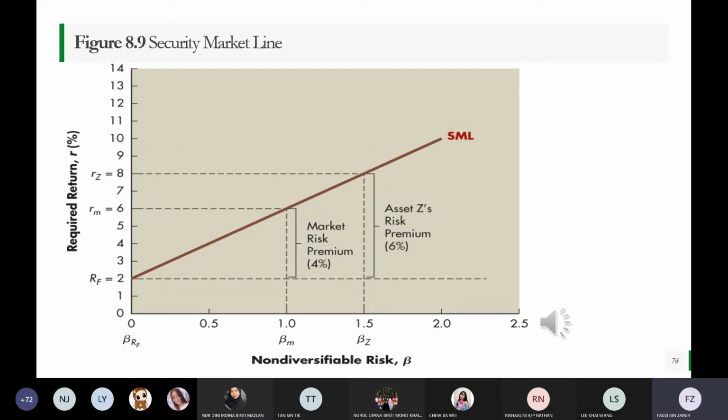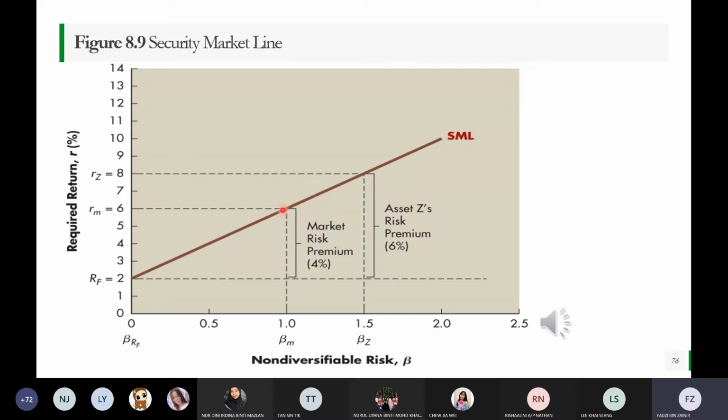In the preceding example for Benjamin Corporation, the risk-free rate denoted by R subscript F was 2% and the market return R subscript M was 6%. We can plot the SML by using the two sets of coordinates for the betas associated with RF and RM.